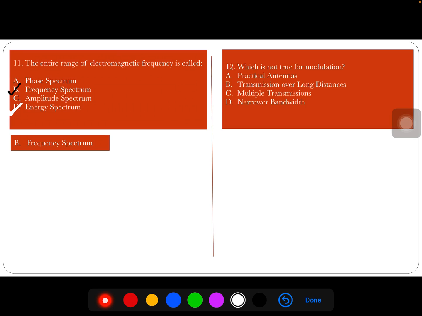You need modulation for increasing the transmission range, and you need modulation for multiple transmissions also. But narrower bandwidth is not the case for modulation. It does not lead to narrower bandwidth. So D is the option according to the question, which is not true for modulation. So narrower bandwidth is not true for modulation.